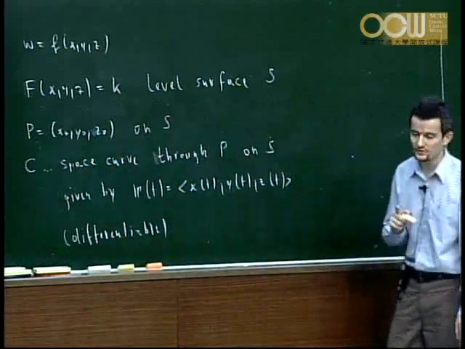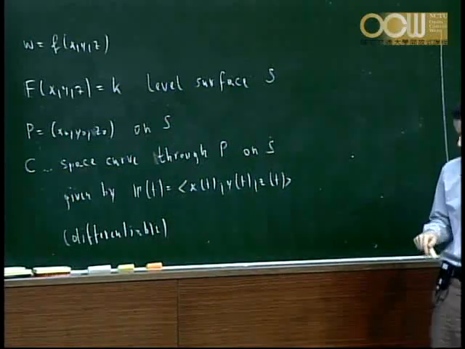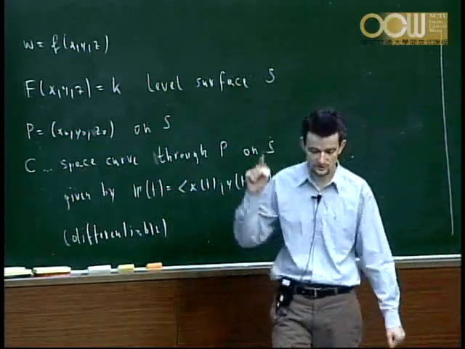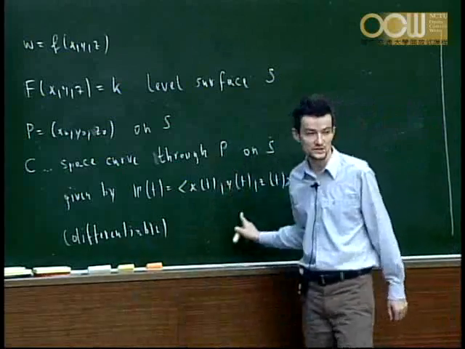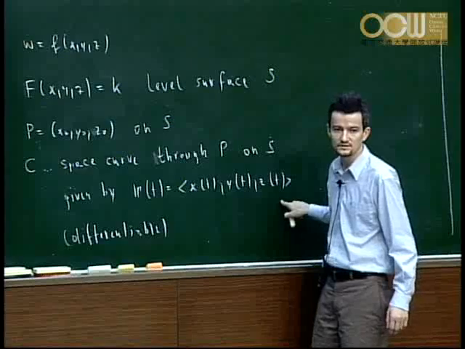You should realize we have now several different notions of differentiability: one for a function of one variable, one for a function of two variables, and also for a vector function, where differentiability just means component-wise.